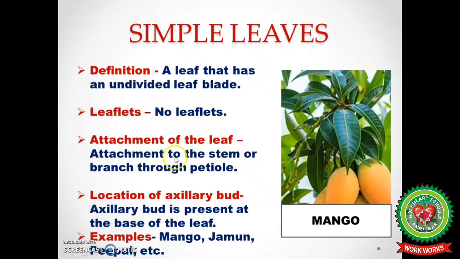Attachment of the leaf: attachment to the stem or branch through petiole. Location of axillary bud: axillary bud is present at the base of the leaf. Examples of simple leaf: mango, jamun, peepal, etc. These all are the examples of simple leaf.